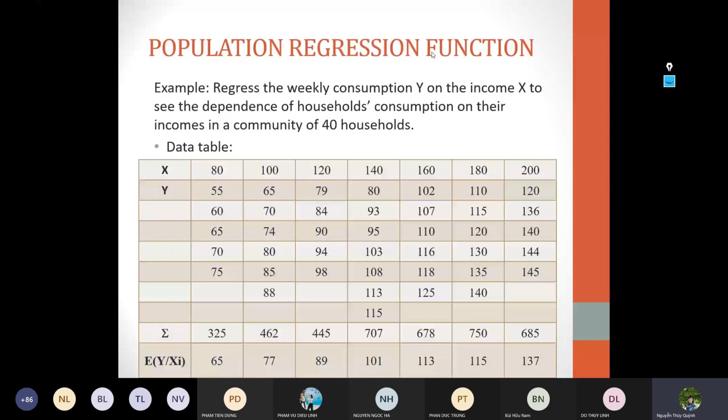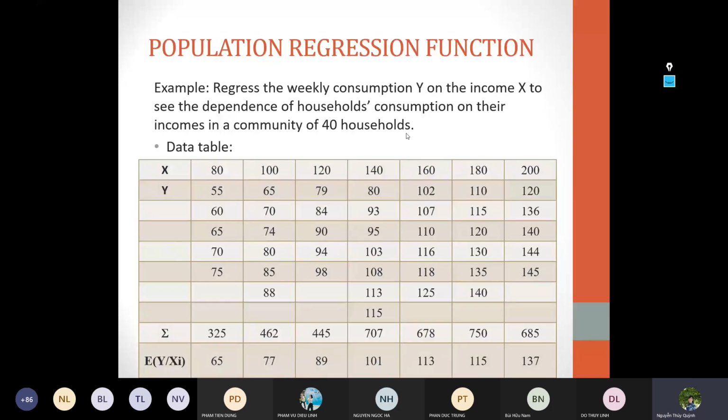For example, we want to regress the weekly consumption Y on the income X to see the dependence of household consumption on income in a community of 40 households. The population here is only 40 households, so it's easy to get the data, the observations of the whole population.